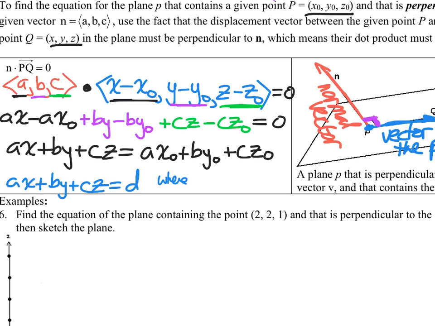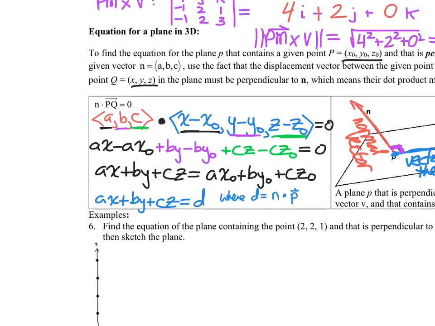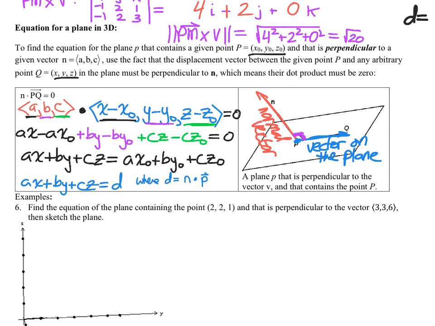Where d is equal to the dot product between n and p, or vector p. Kind of streamlines it a little bit, makes it a little bit cleaner.